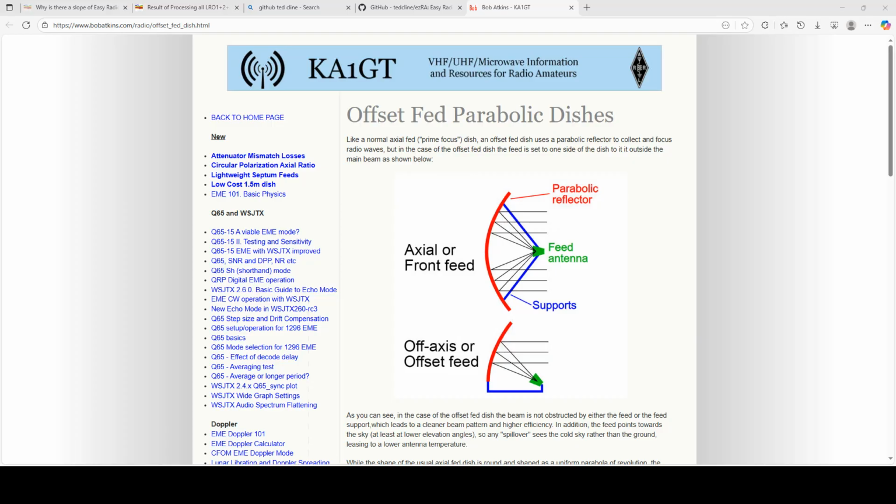I hesitate to say that I understand this very well at all, but I'll give a quick summary of what he said to me from a non-understanding person. His point was that it's part of a parabola, but you can design it like the picture at the bottom here on this KA1GT diagram.